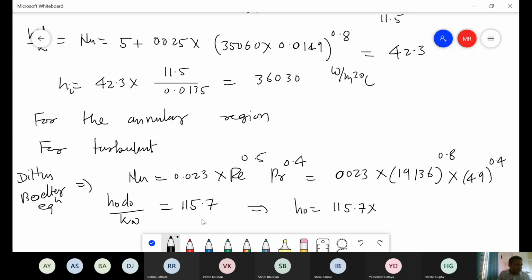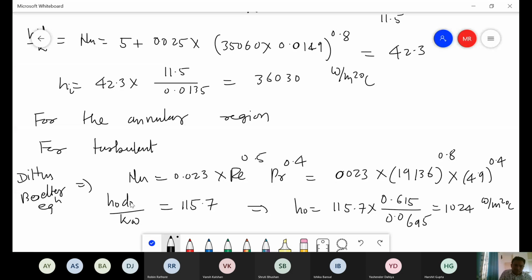For the water, the thermal conductivity of the water is 0.615 divided by the diameter. In this case is going to be the equivalent diameter, that is what we have used in the calculation. So that becomes 0.0695. So this comes out to be 1024 watt per meter square degree Celsius.